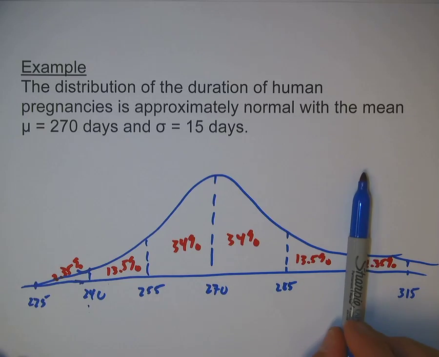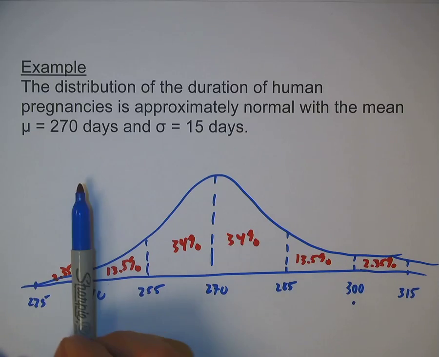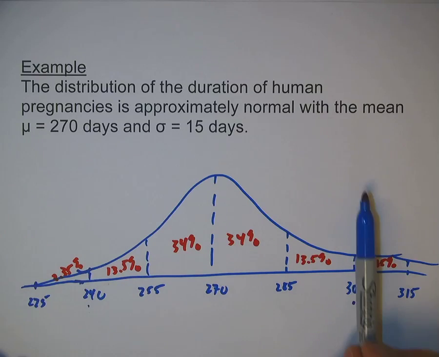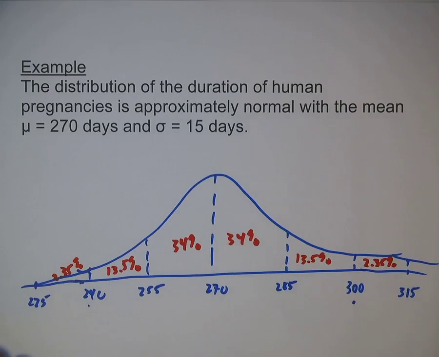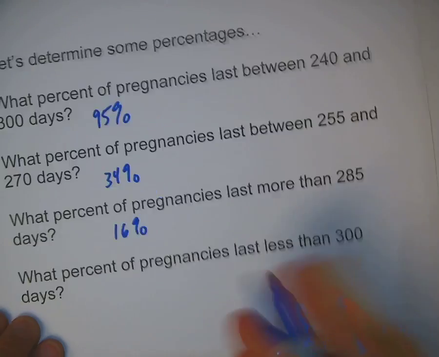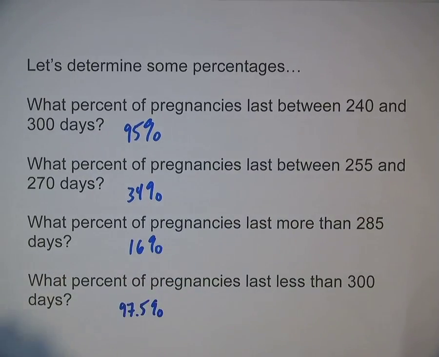The other way I know that is that I know 95% are within these two boundaries. So that means that 2.5% has to be here, 2.5% is here. So I know that 2.5% are above 300. So that means 97.5% are less than 300. Okay, so my answer here is 97.5%.